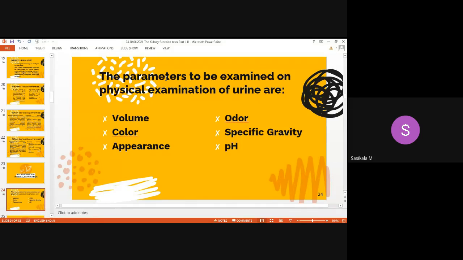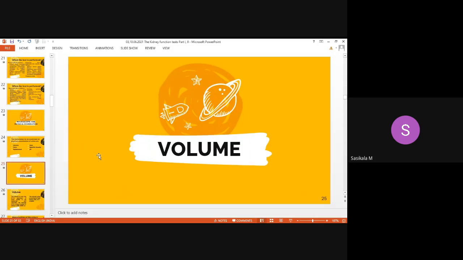Urine output is also measured, and this will also indicate the presence of some diseases. Then appearance of urine, odor, specific gravity, and pH will also be altered because of disease conditions, some medical conditions. So the 6 parameters are analyzed for physical examination of urine.